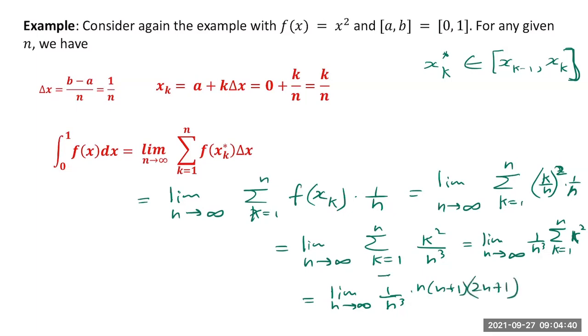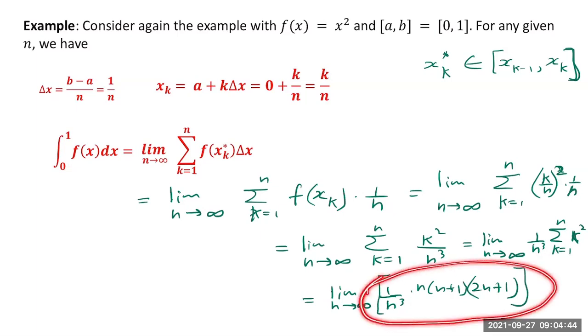Okay. Now all you need to do is to take the limit of this expression. How do you take the limit of this expression? Let's see how we can find the limit of that expression.